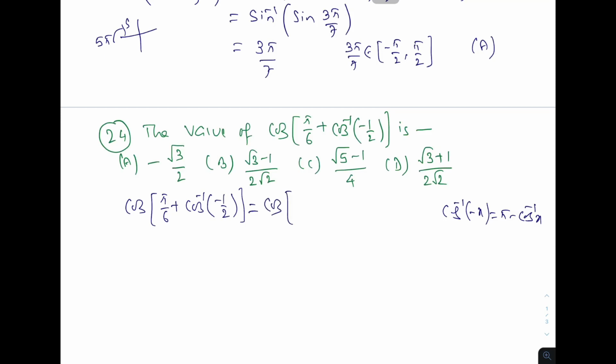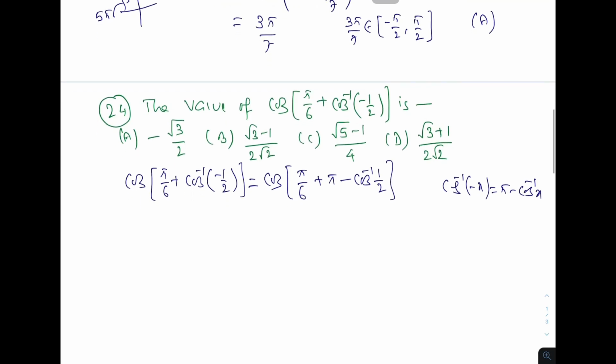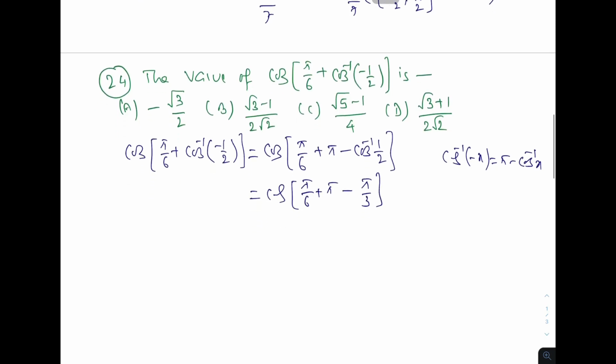So this is cosine of pi by 6 plus pi minus cosine inverse 1 by 2. Cosine inverse 1 by 2 is pi by 3.